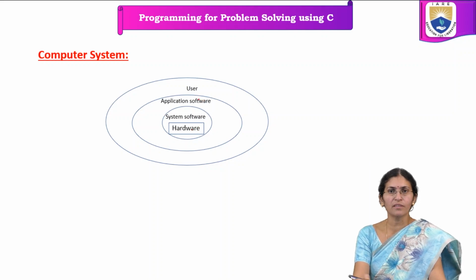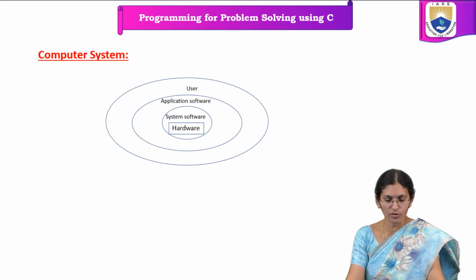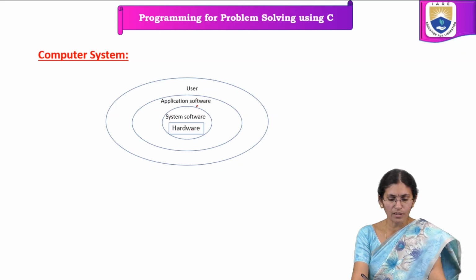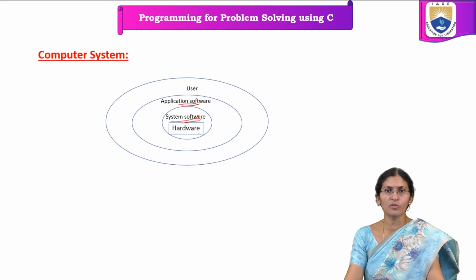Software is what we cannot touch or feel. In between the application software and hardware, system software is there. System software acts as an interface between application software and hardware, whereas application software acts as an interface between the user and system software.